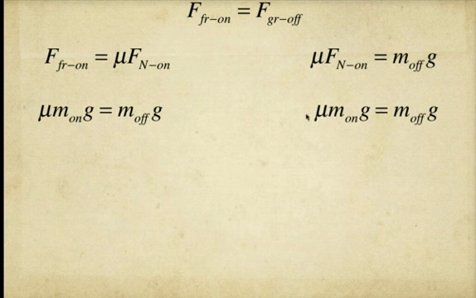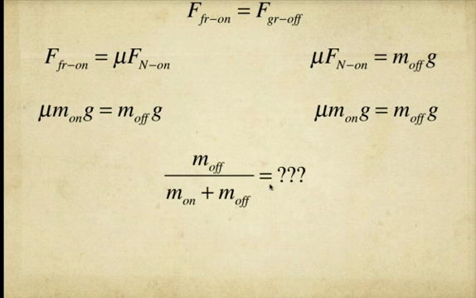Okay, so here we didn't change anything. Anyway, the question of the problem here is the mass of the off part. That is how they wrote it, but if you think, that's basically the mass of the whole cloth.